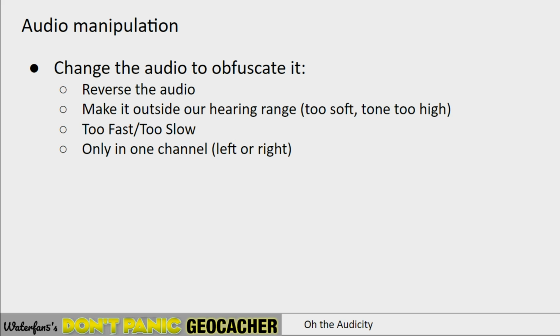You can also make it too soft, so that it's barely audible, or too high, so it's outside the hearing range. You can play it too fast or too slow, so that it becomes very hard to hear, or put the audio in only one of the channels, so that maybe it is overwritten by the other channel. So if you listen to it, you can't really hear it, but if you mute one channel or the other, then you can hear it.